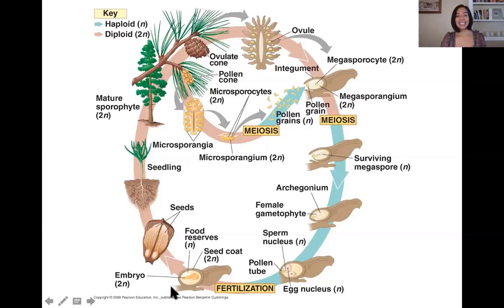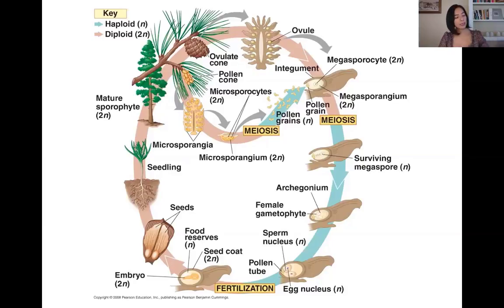This seed can have some appendages to disperse by wind, just like this case. In this case, then we will have the seedling that germinates, and just like this one, the seedlings will grow. This is, I think, more than a year now.